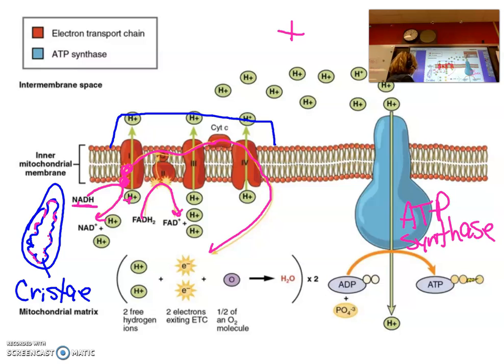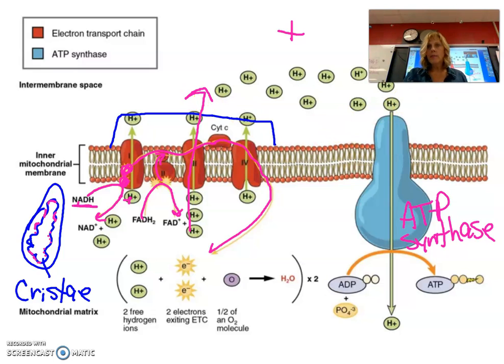And so we see these electrons powering this process, moving through this protein complex in the inner mitochondrial membrane. And these electrons are powering the pumping of these hydrogen ions or protons across this membrane from the mitochondrial matrix to the intermembrane space.